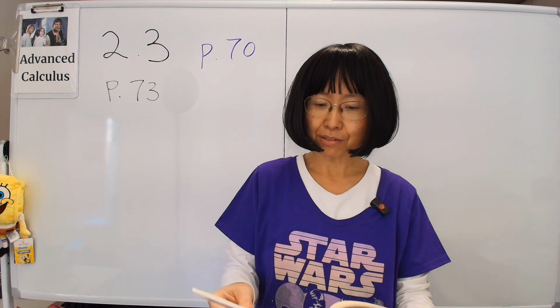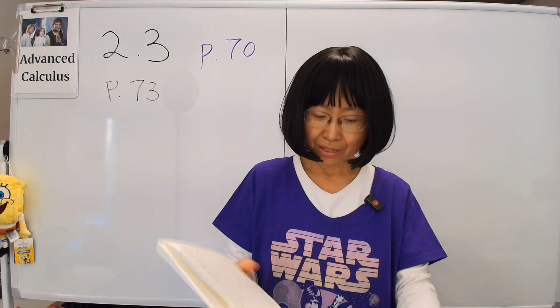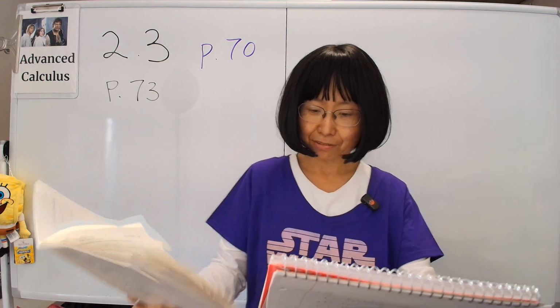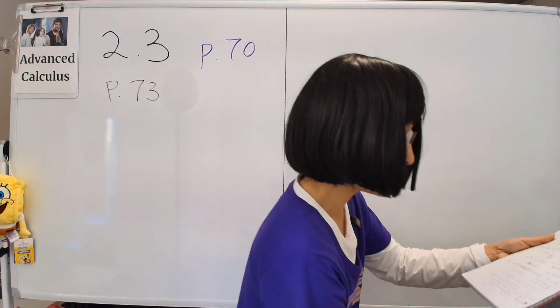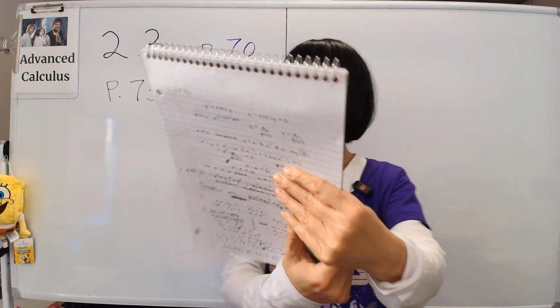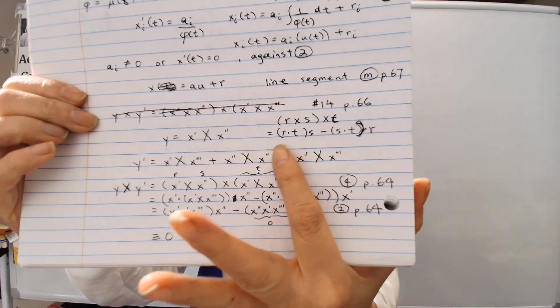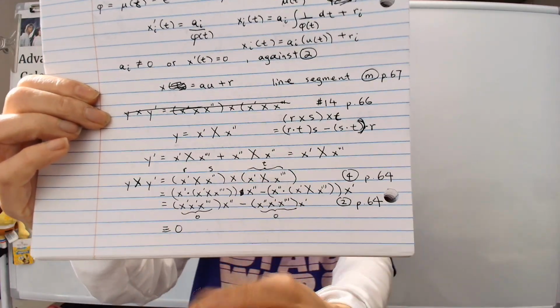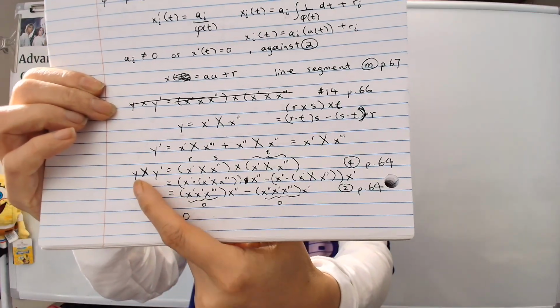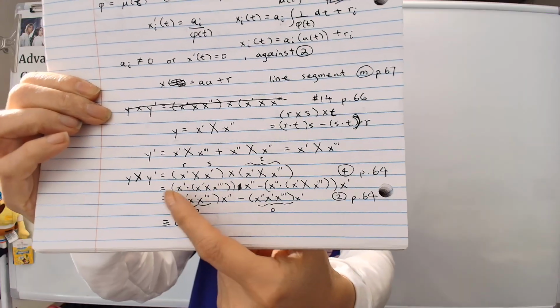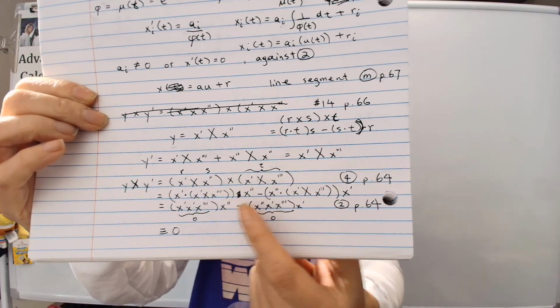And next we're going to apply equation 4 from a while ago. What's equation 4? I have written down here the triple cross product, I believe. So the equation 4 I've written down right here so we can compare. Then we are going to cross y prime and write it down. This is y, and that's y prime.